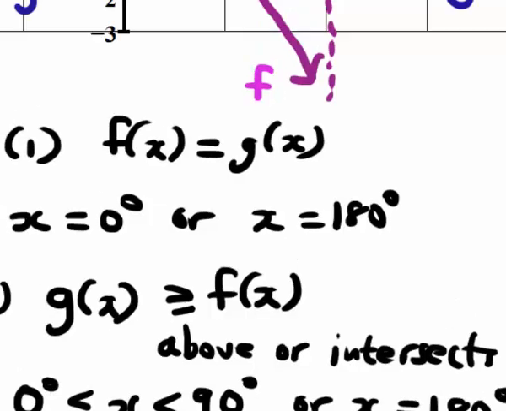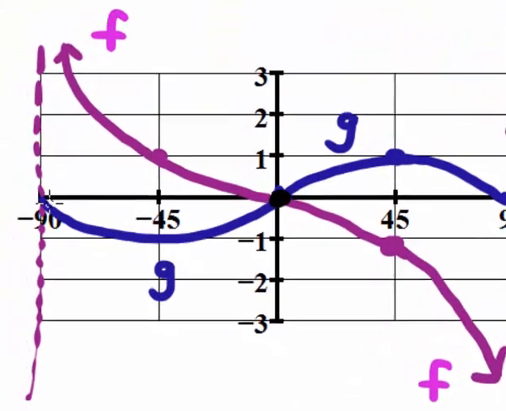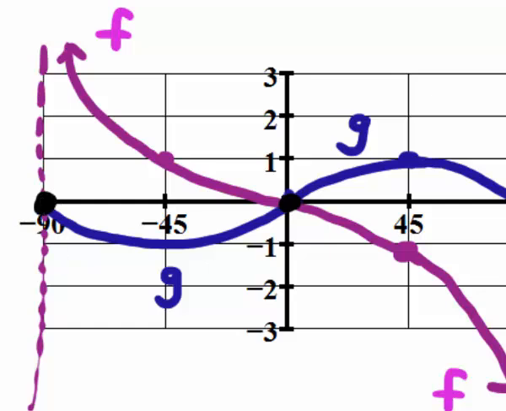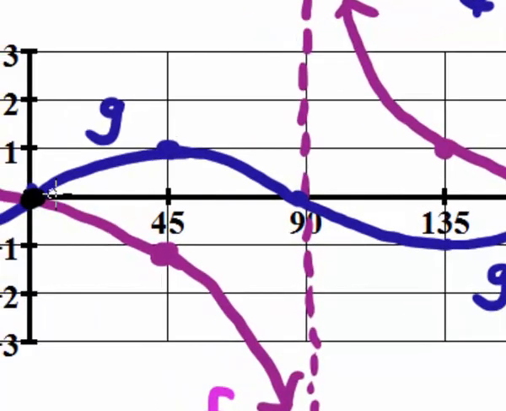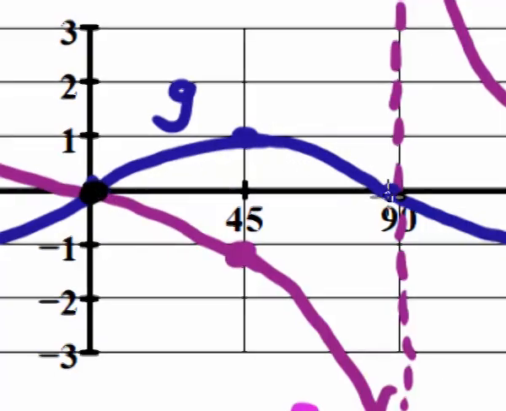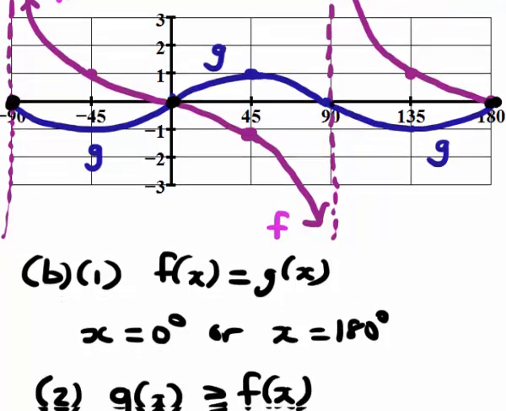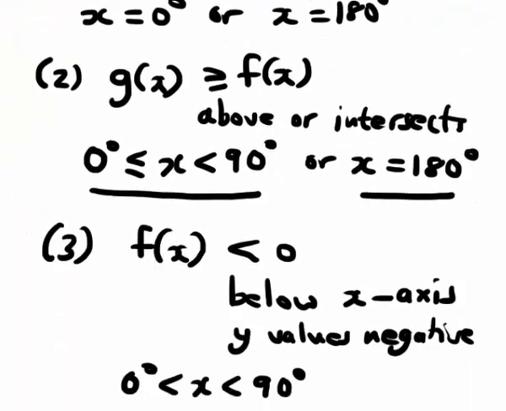The graph of g is the blue one. Where's it intersecting the x-axis? At 90 it cuts there, and at 180 we've got those two. And where is that graph above? It's definitely above from 0 to 90. Can you see that there? From 0 to 90 the blue graph's above, so the y values are positive, and also at minus 90 and 180 it's cutting the x-axis. The y values are naught there.